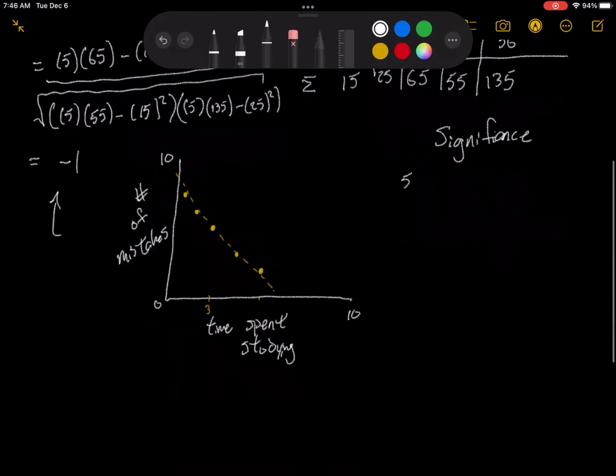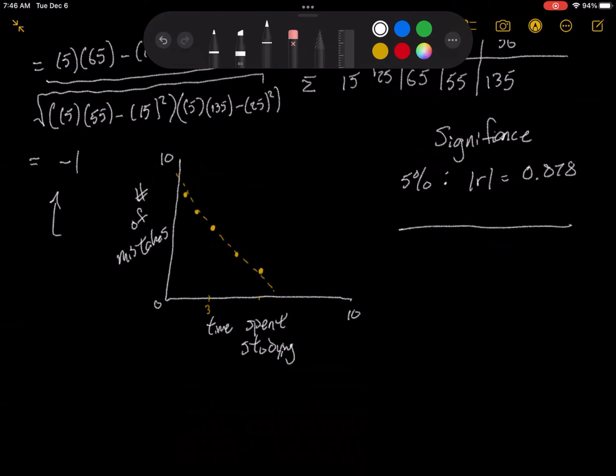So if you want to give yourself a 5% probability threshold, your R value needs to be 0.878. So here's an R value of 0. Here's minus 0.878. Here's positive 0.878. And of course, we can't be anything bigger than 1 or smaller than -1.